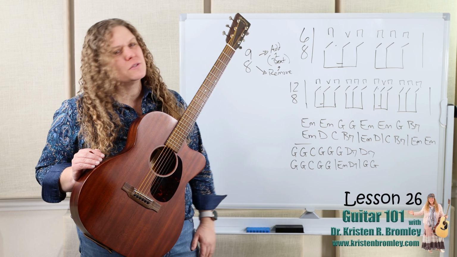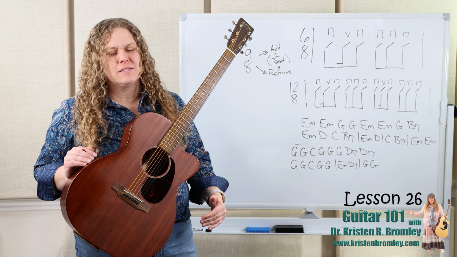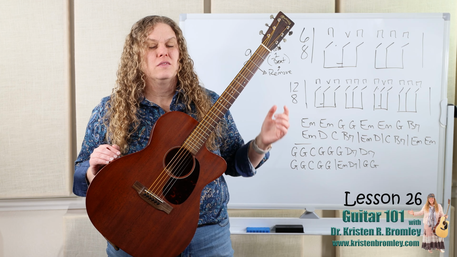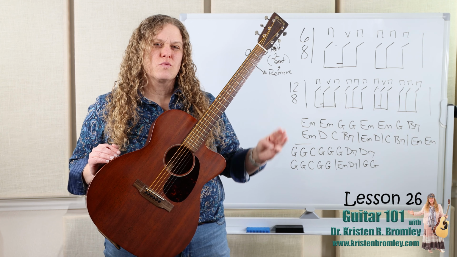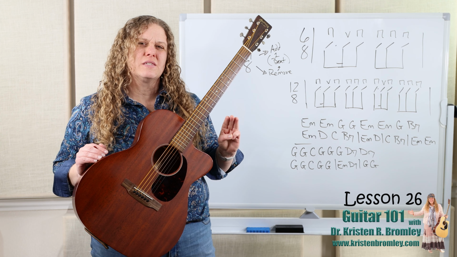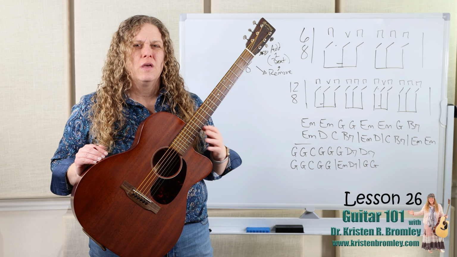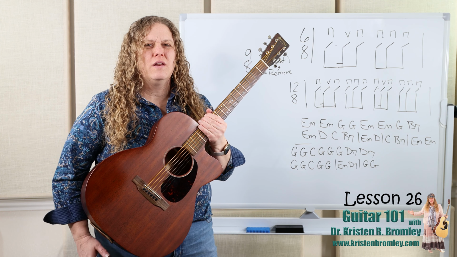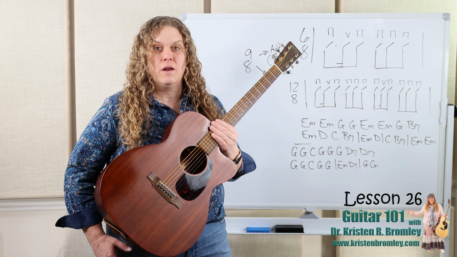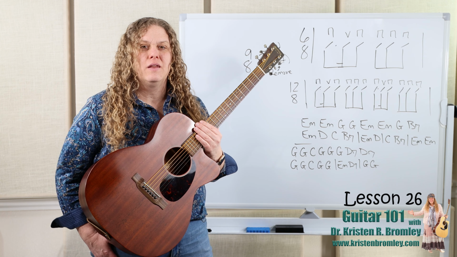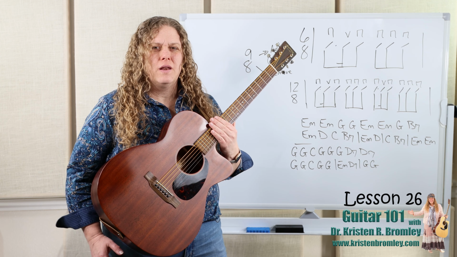But the big difference between 6/8, 9/8 and 12/8 time versus 2/4, 3/4 and 4/4 time is that we have three notes subdividing the beat instead of two. So in 4/4 time we have 1 and 2 and 3 and 4, in 3/4 time 1 and 2 and 3, and in 2/4 time 1 and 2.